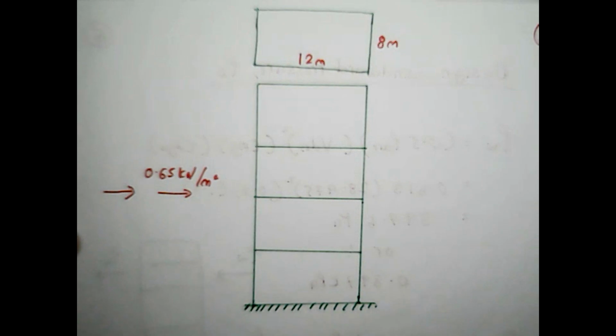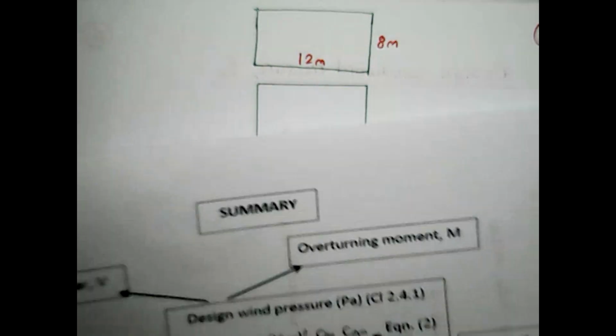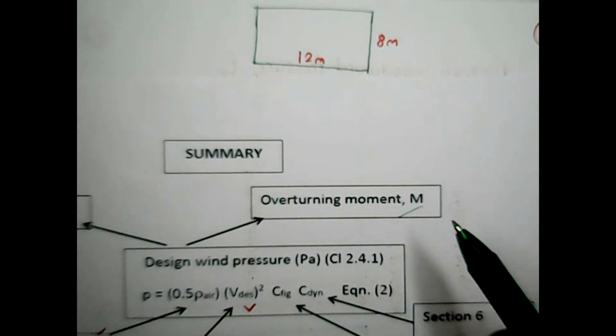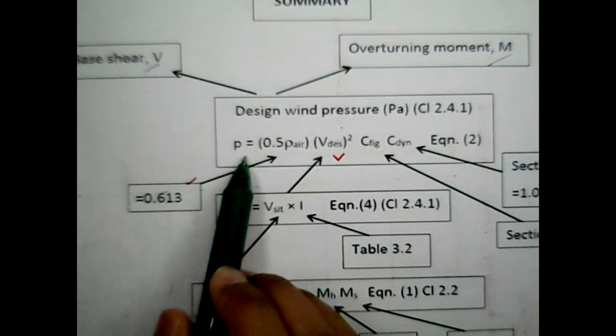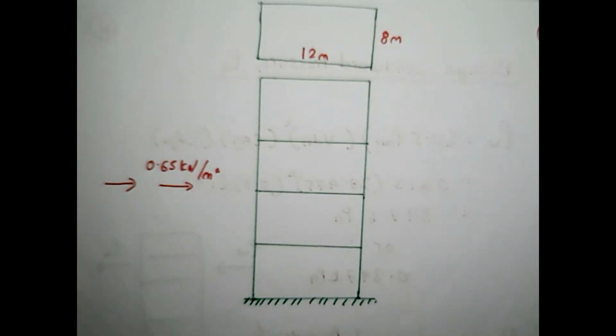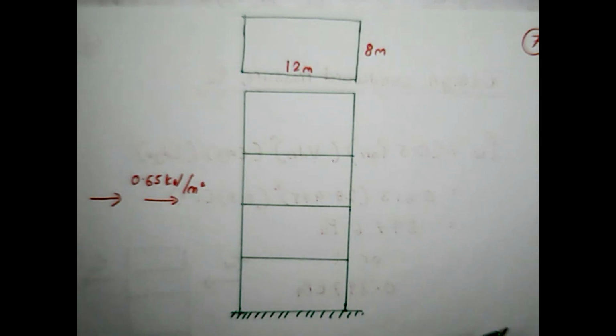So then finally we can try to get our base shear and overturning moment. We now have our windward pressure and leeward pressure, so let's calculate the base shear and overturning moment. How can we calculate our overturning moment?